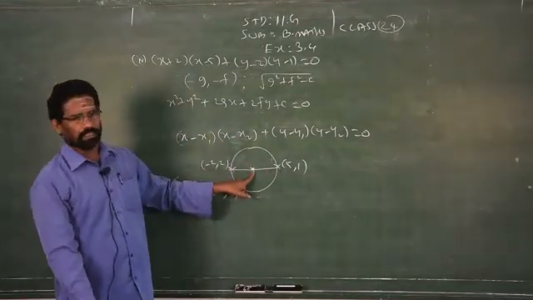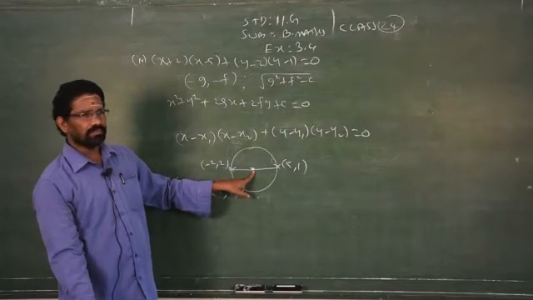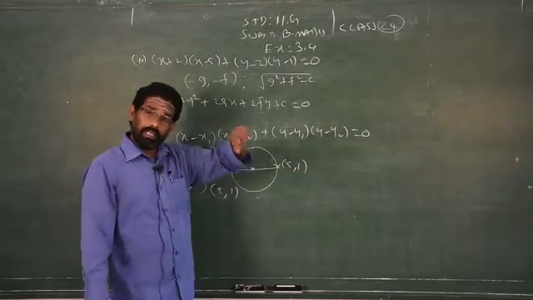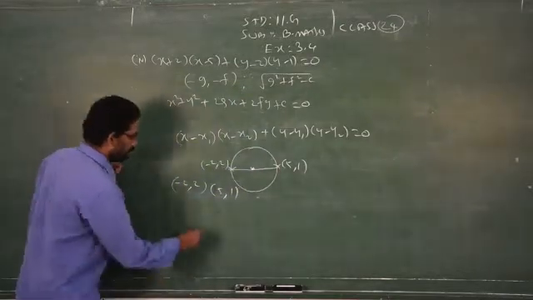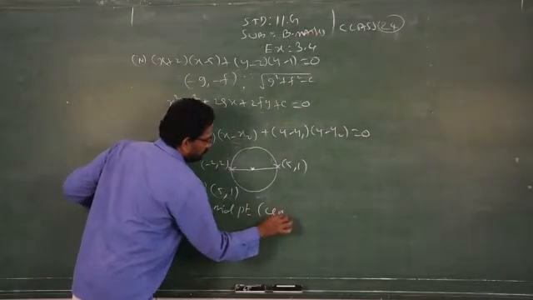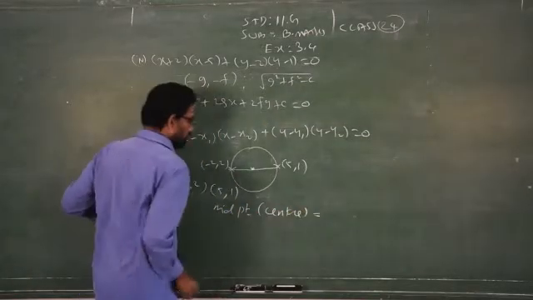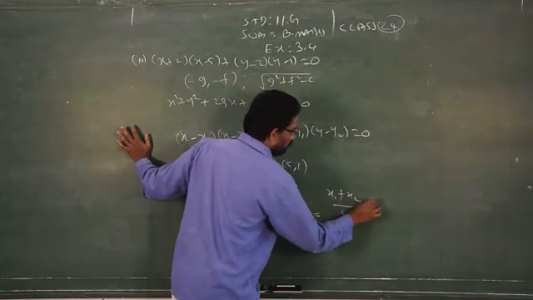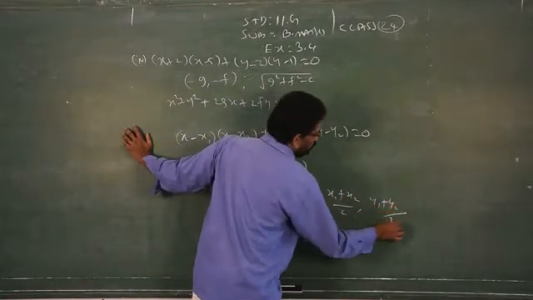So what is the center? Center is the midpoint of these. Clear? You can remember the analytical geometry. By using the midpoint, that is the center of the circle. What is the formula to find the midpoint? ((x1 + x2)/2, (y1 + y2)/2).